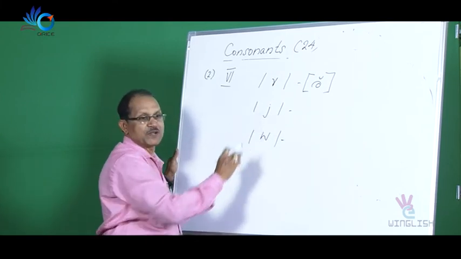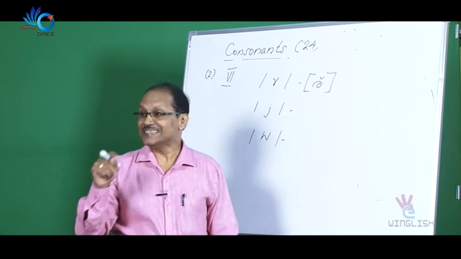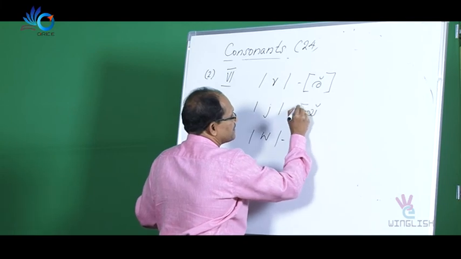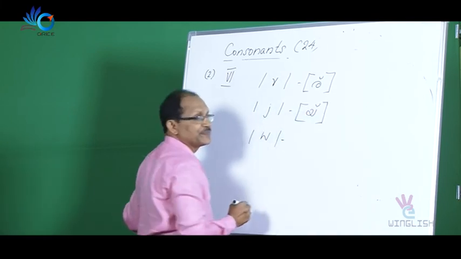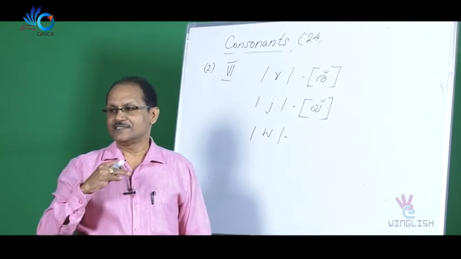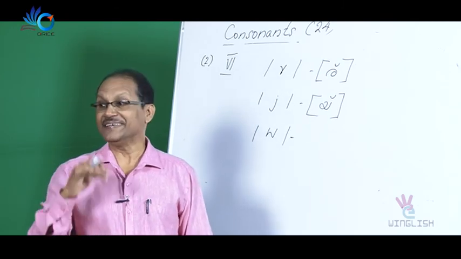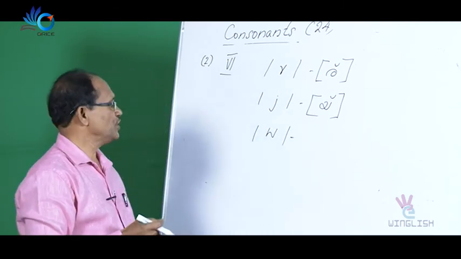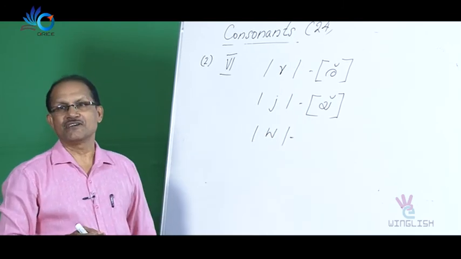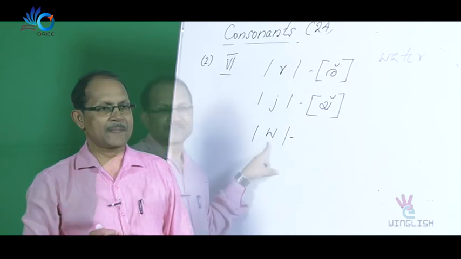And this one, what is the sound? Small letter j representing y. The articulators we have already seen, tongue and palate, the tongue moves towards the palate, y, young, university, no problem, we have the sound. And this sound represented by the letter W, what is the sound?